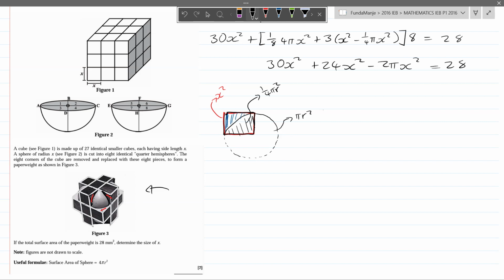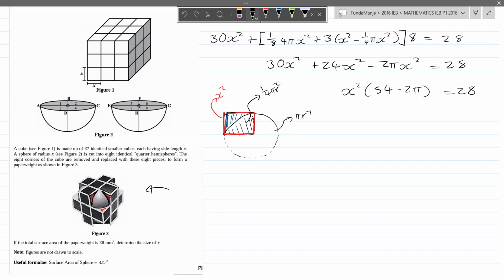Then remember, all we're solving for is x. So we have 30x squared minus 2 pi x squared and 24x squared, and we're going to factor out x squared from each. x squared is just going to leave us with 30 plus 24, which gives 54, minus 2 pi.